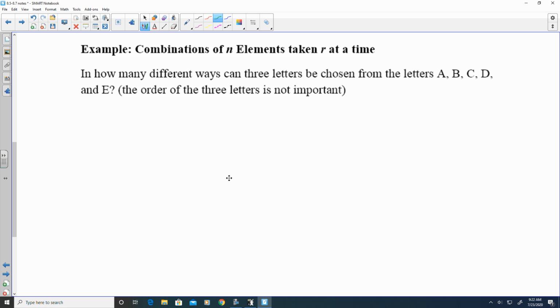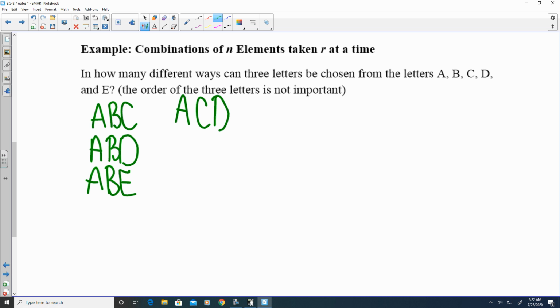We're just going to start this method by writing all of our options. A, B, C, A, B, D, A, B, E, A, C, D, A, C, E, A, D, E. There's probably a better way to go through and do this, but we're just going off of it the best we can.